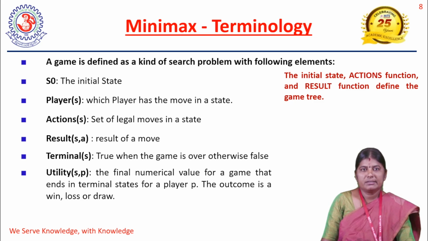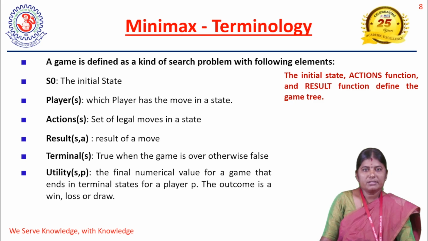Actions takes the current state as input and returns the possible moves in that state. Result takes the current state as well as an action as input. It's a transition function that returns the result of a move. Terminal is a function which takes S as a state and finds whether the game is over or not by returning true or false.